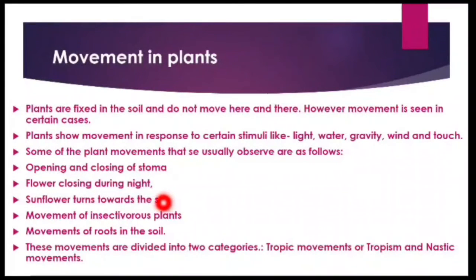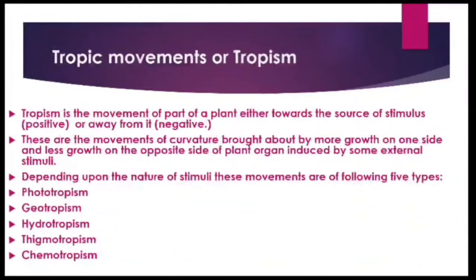These movements are divided into two categories: tropic movements or tropism and nastic movements. So first of all, tropic movements or tropism. Tropism is the movement of a part of a plant either towards the source of stimulus or away from it.